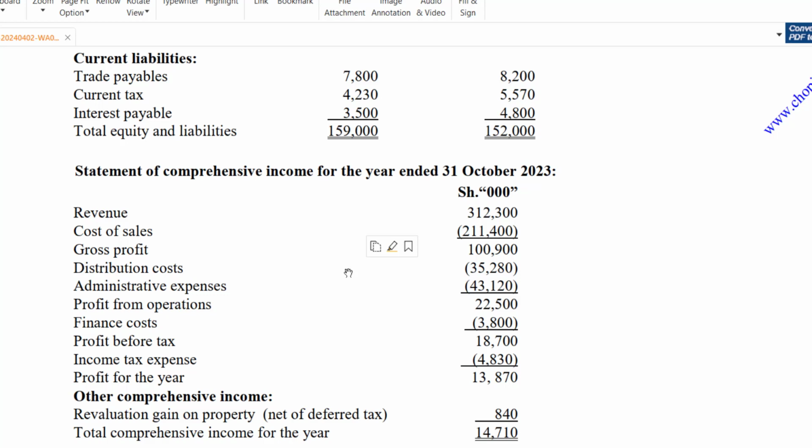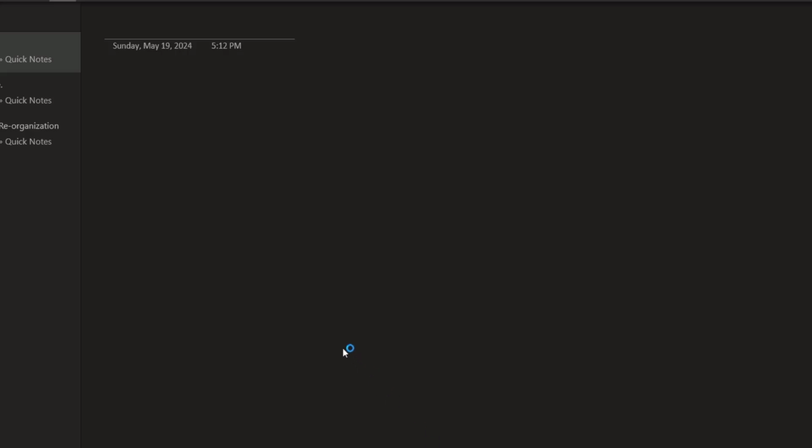We have the operating activities, we have the financing activities, and we have the investing activities. Those are the 3 parts we have in a statement of cash flows. Now let's go ahead and prepare this. Let's go ahead and solve this question.